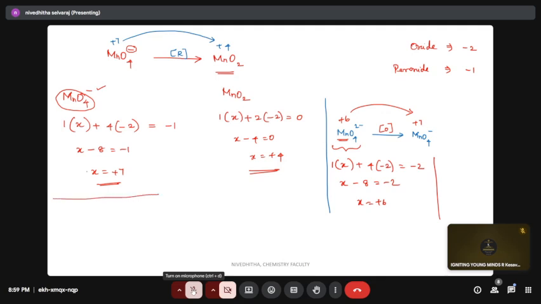One more example, okay? Cr2O7 2 minus to chromium 3 plus.